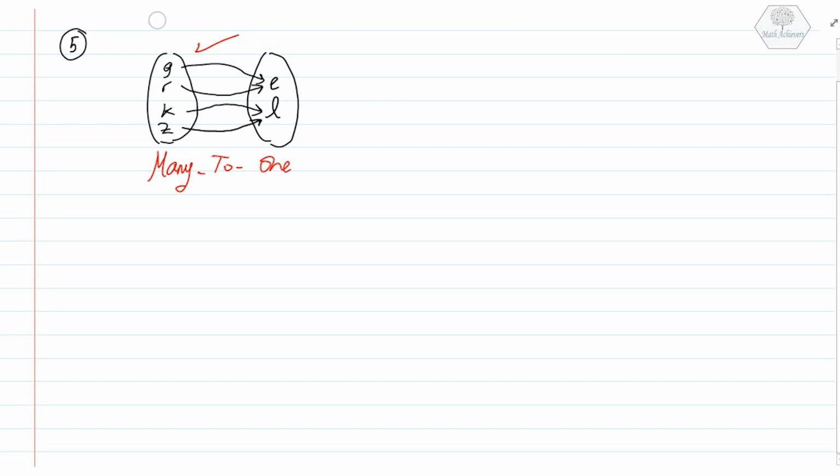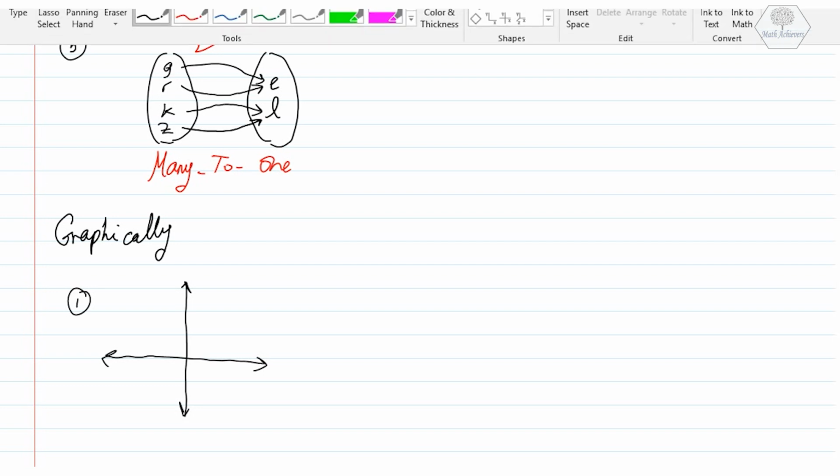Now, let's test it graphically. Let's see this example. Example 1. Having a coordinate axis. I'm having a function.